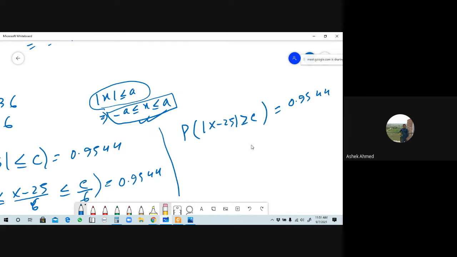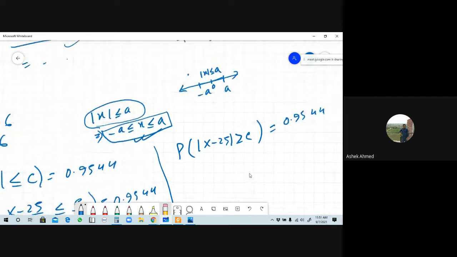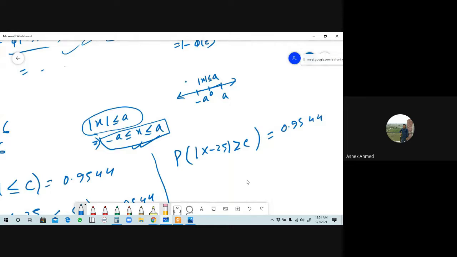ওকে, যাই থাকে না কেন আমরা কিন্তু জানি, if you consider 2 points on an inequality, if this is minus a and this is plus a, and this is 0 here, and minus a to plus a, this represents here the absolute value of x is less than or equals to a. এটা হলো একটা। Now tell me what do you mean by absolute value of x is greater than a?